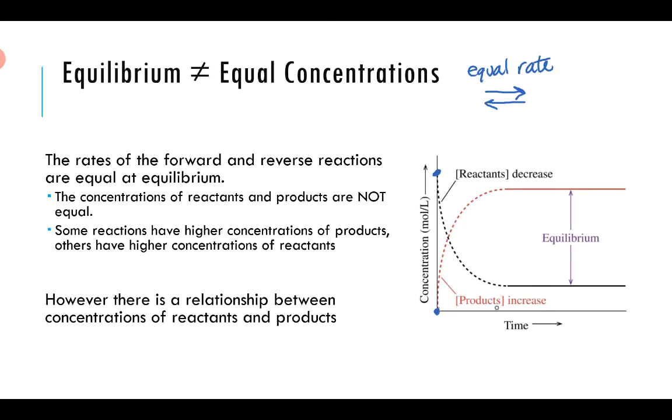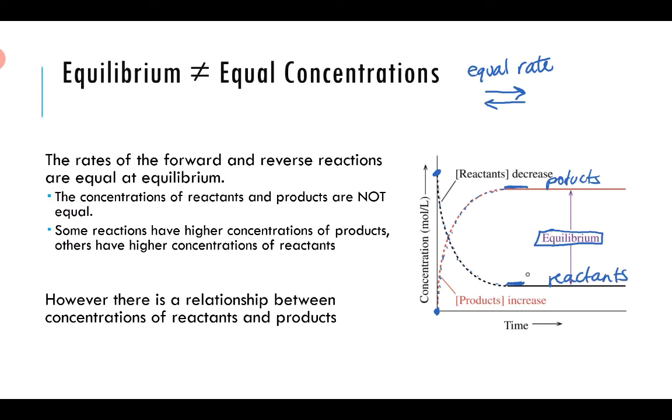And then as time progresses, we form more and more products, and our amount of reactants gets used up, until eventually the concentrations of products and reactants don't change anymore. And so once these lines flatten out, then we have reached equilibrium. But in this case, we can see that there are more products than reactants.